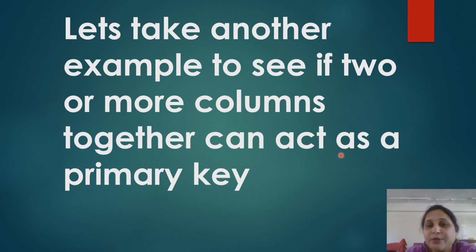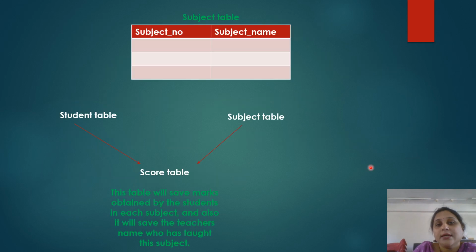Let's take another example to see if two or more columns together can act as a primary key. Now I will consider another table along with the student table: a subject table that contains two attributes or columns, subject name and subject number. Now I want to make a score table with the help of the student table and subject table.